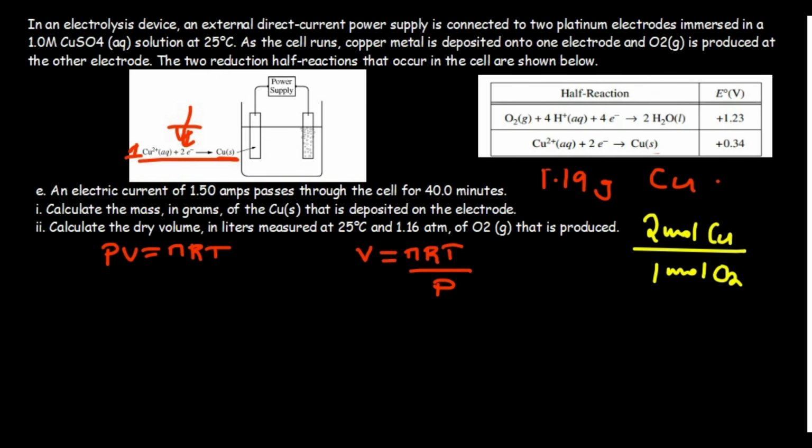Now, we've also determined the mass of copper to be 1.19 grams. Okay, so how do you find the mole of any given substance? Number of moles is equal to mass over molar mass. So this mass divided by the molar mass, which in other terms is multiplying by the reciprocal.